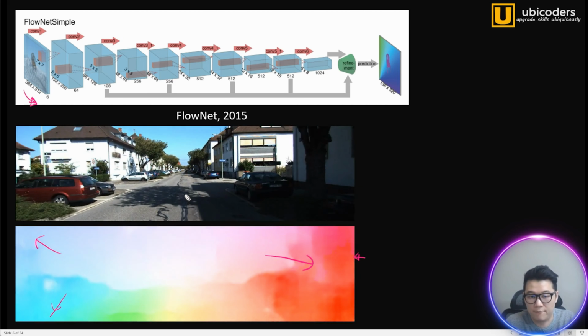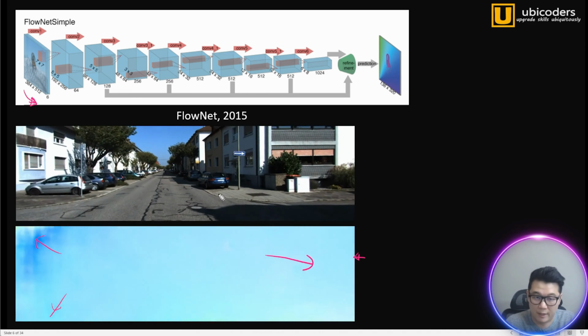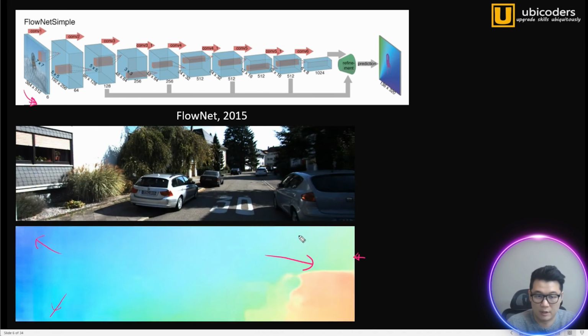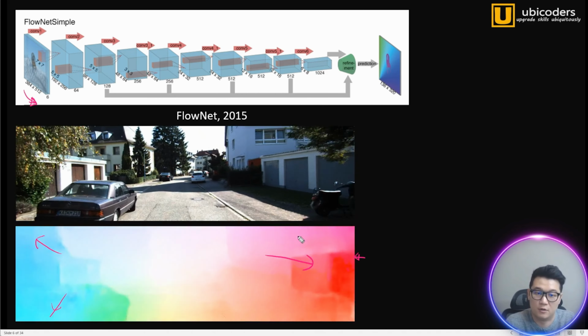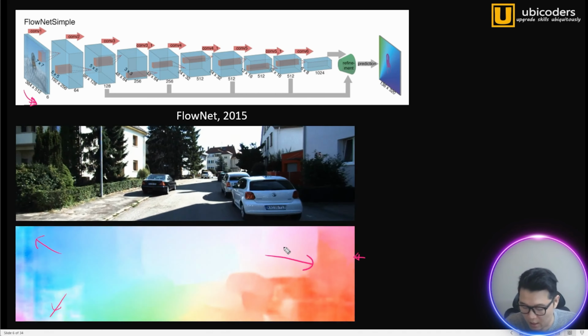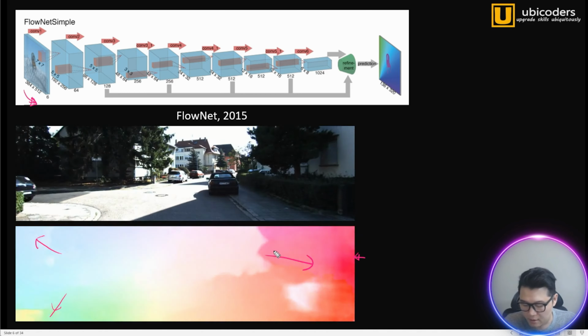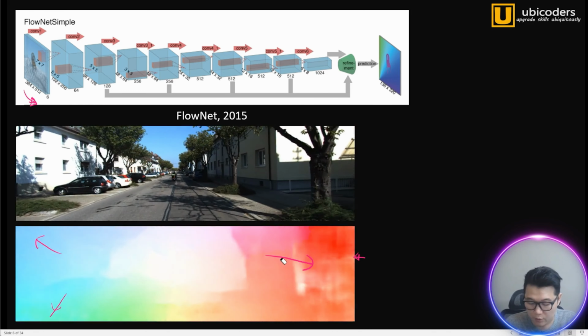You're literally feeding this image information into the convolutional neural network, and you don't need to do any calculations like optimizations. That's really a great thing about convolutional neural networks.